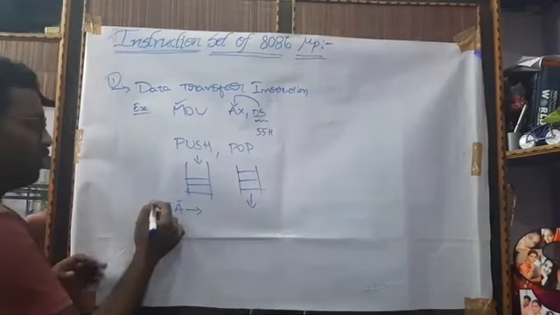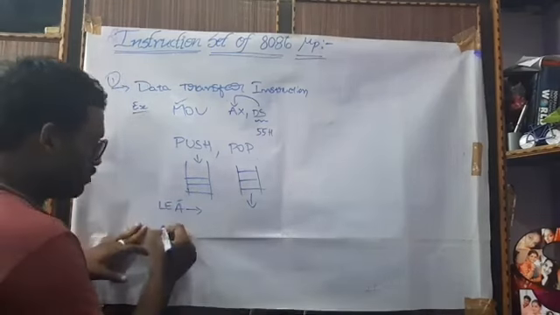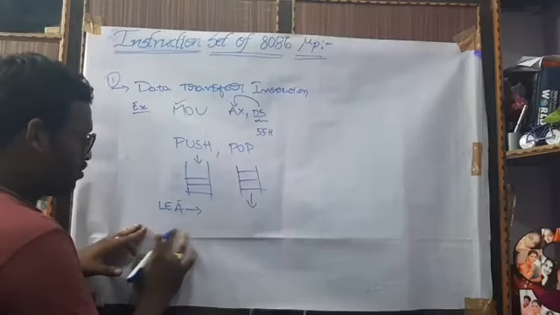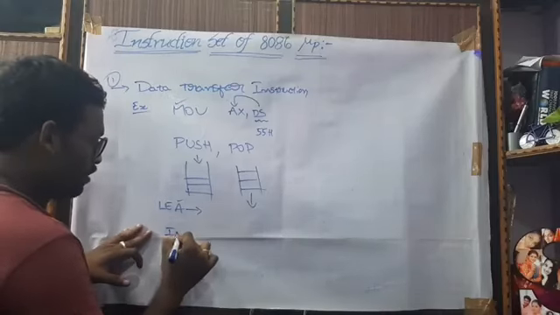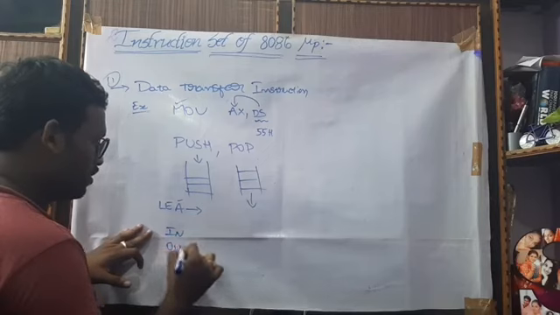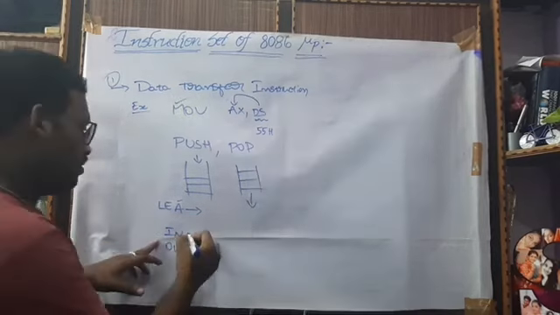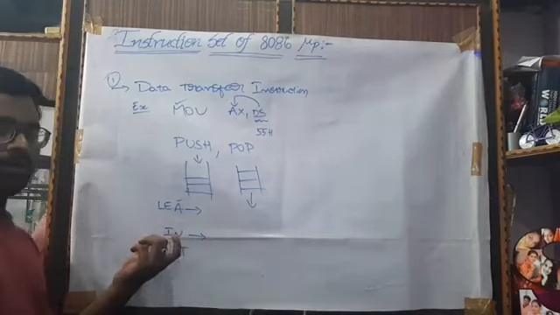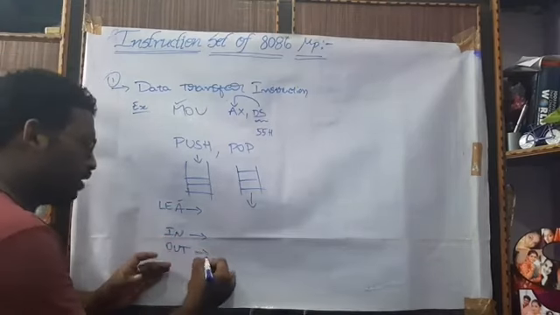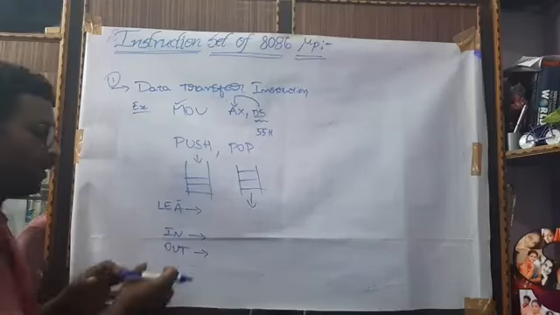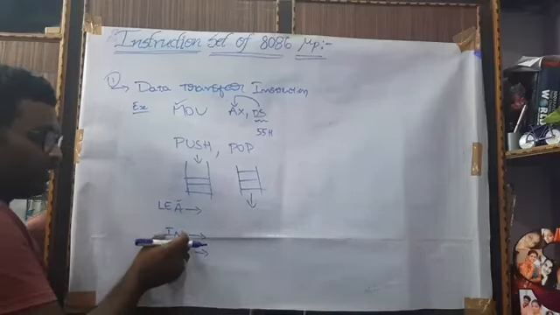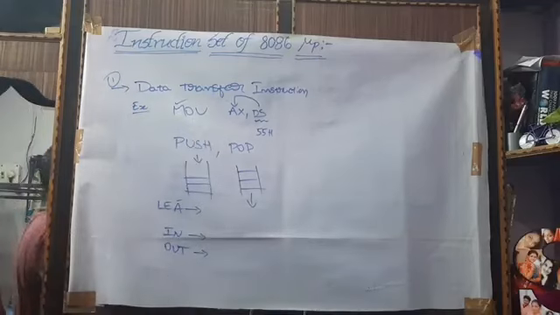And there are some output and input instructions: IN, OUT. IN means we are taking the data as input to the processor. OUT means the result has to be stored in the output location. These are some data transfer instructions.